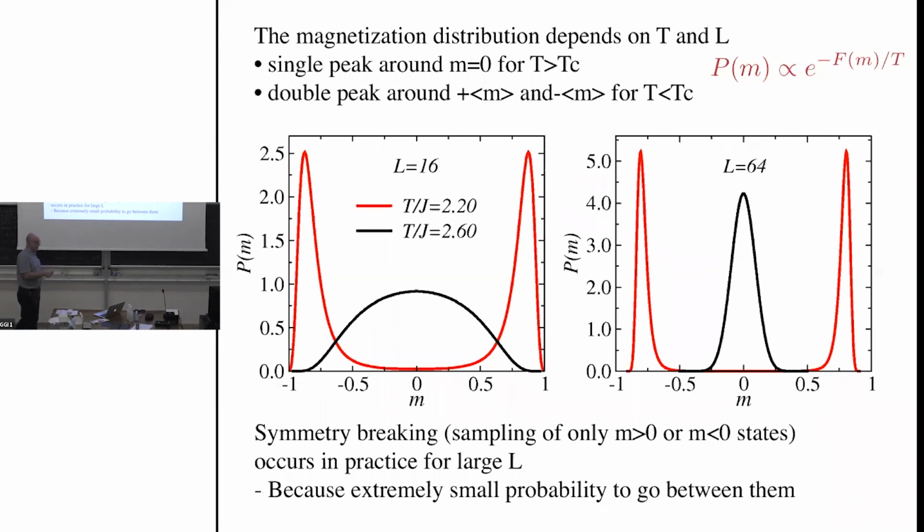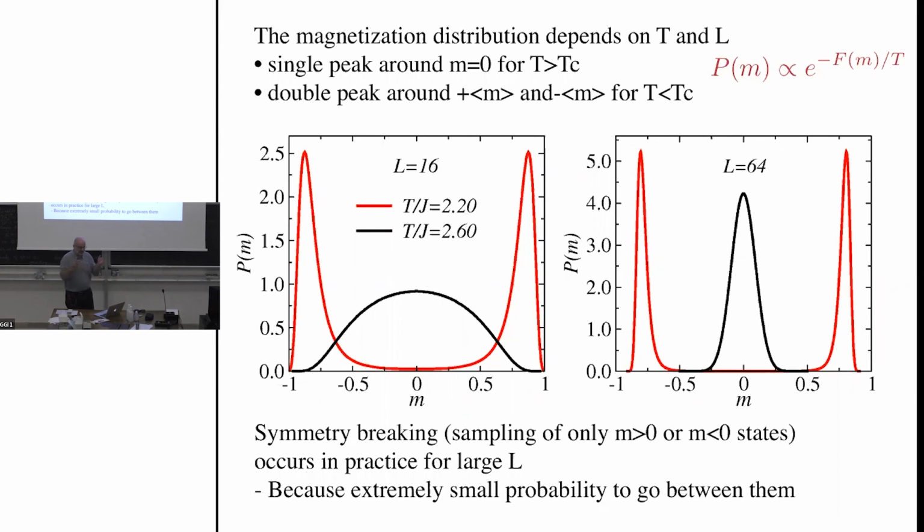And you see then that this corresponds to two free energy minima. Whereas if you are above Tc, these black curves, then you only have one peak in the M distribution, which means that you only have a free energy minimum at M equals 0. And then, of course, the really interesting thing is what does the distribution look like at the critical point, which I didn't draw here, and that has some universal properties related to critical exponents, which are related to the scaling dimensions that you have heard about.